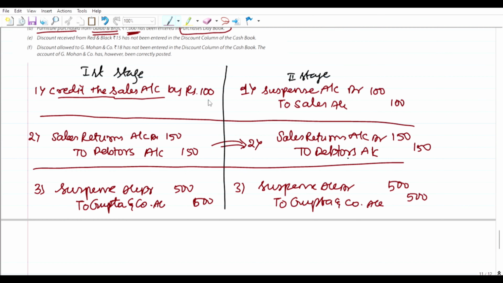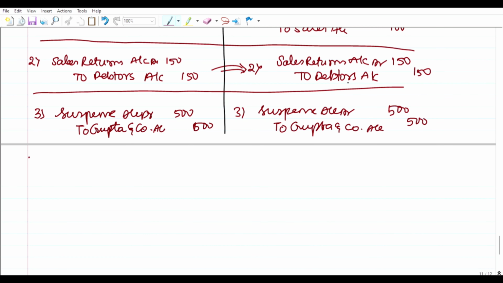I am going to explain with the help of the three-sided thing. For the fourth entry, what is the correct entry to be incorporated? Furniture account debit to Gulab and Brothers, by rupees 1,000. But what happened?